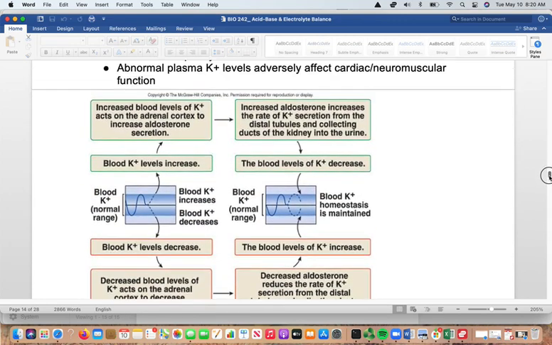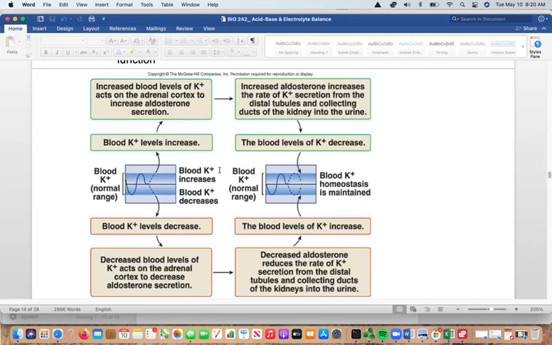So when we look at blood potassium levels, this looks at it. If blood potassium increases, it's going to act on the adrenal cortex to increase aldosterone secretion. It's going to increase the rate of secretion from the distal tubes in the collecting ducts of the kidneys and lower the blood potassium levels to get back to homeostasis.